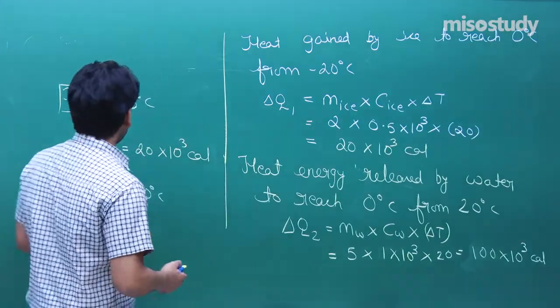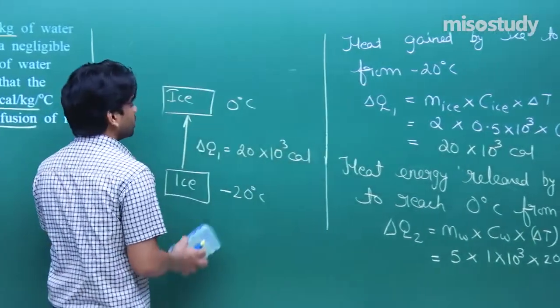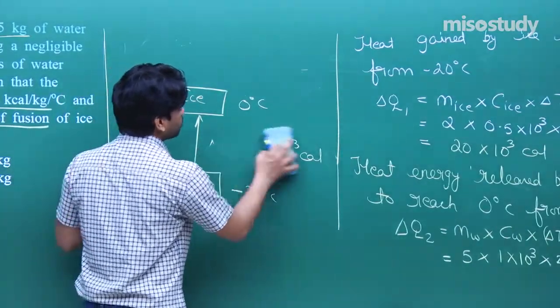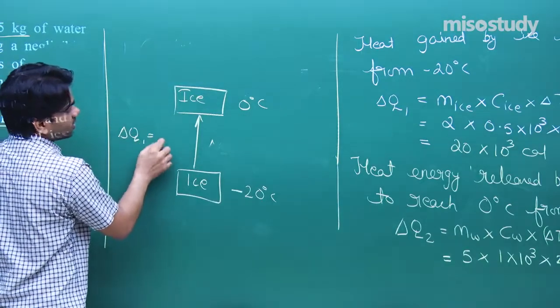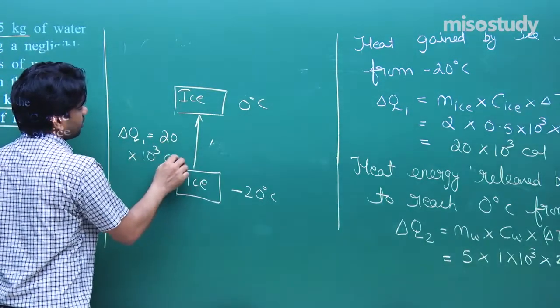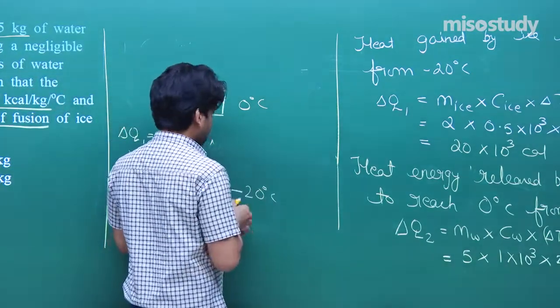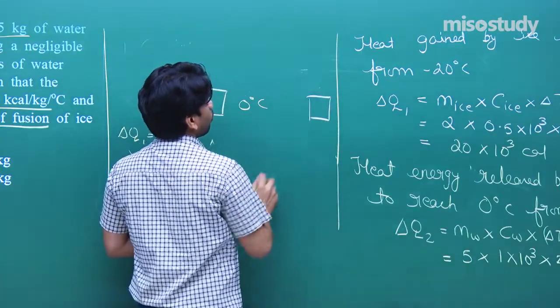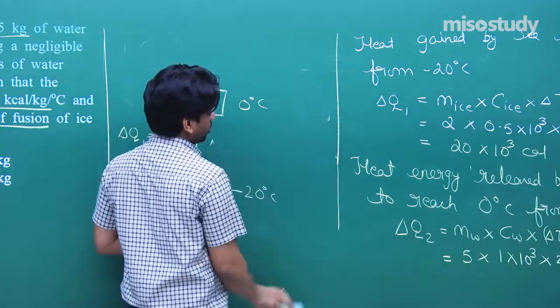I am going to make some more space to explain the situation. Delta Q1 was given as 20 into 10 to the power 3 calorie. Now for water, I will use a different color: water at 20 degrees Celsius to reach 0 degrees Celsius.